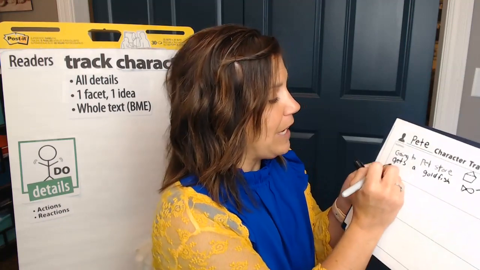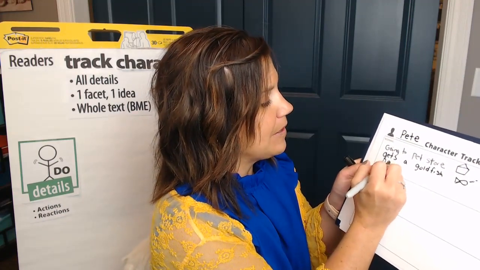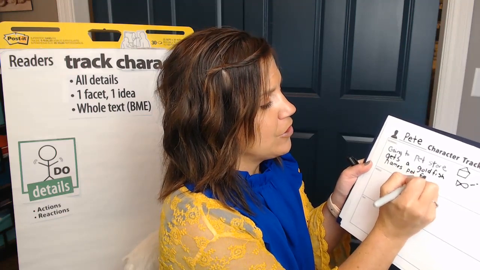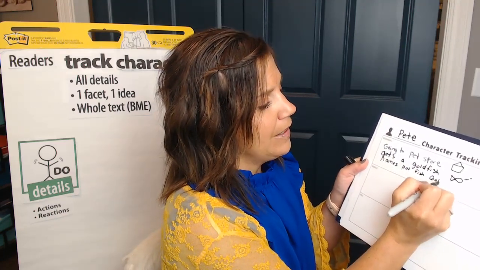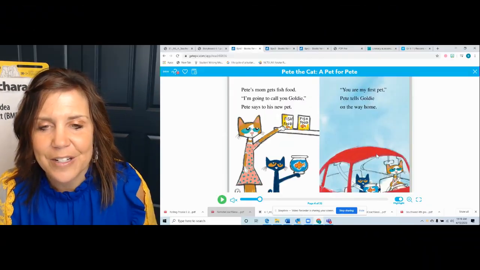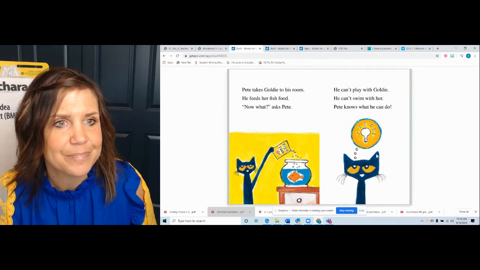And let's flip through here and see what else he's doing. That his mom is doing something there, right? But he names her Goldie, right? He names her Goldie. Names pet fish Goldie. Okay, he gives her a name, and he tells her he's the first pet.